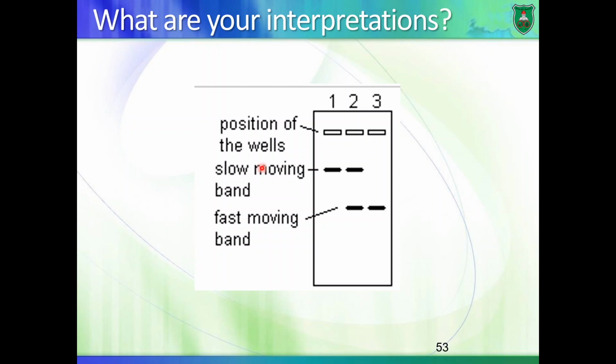That's one. Number 2, second interpretation. In these three different samples, let's say from different tissues, brain, liver, lung, you can have the same gene expressed in all of these samples, but it is processed differently. So you can have alternative splicing. You have an extra exon in sample 1 for the gene.